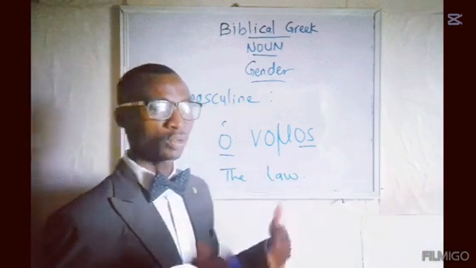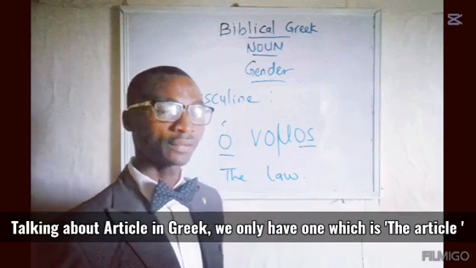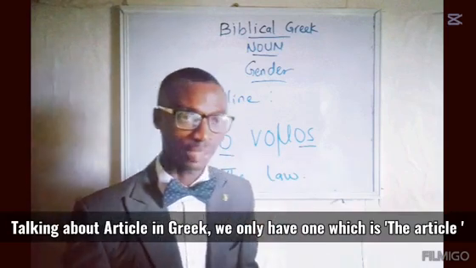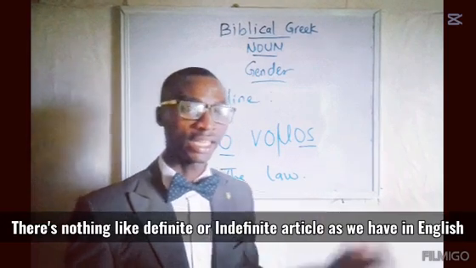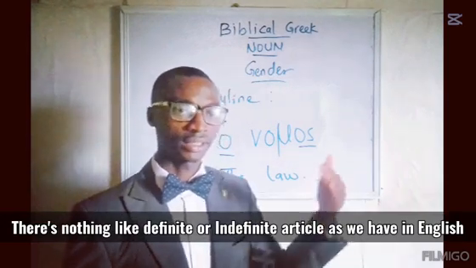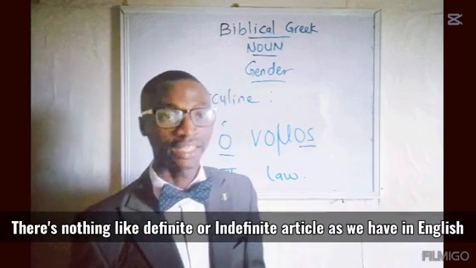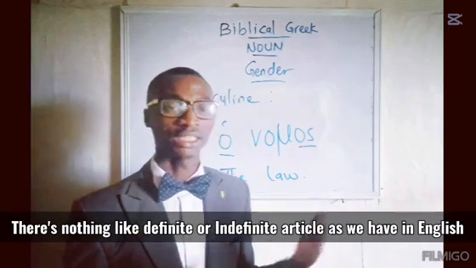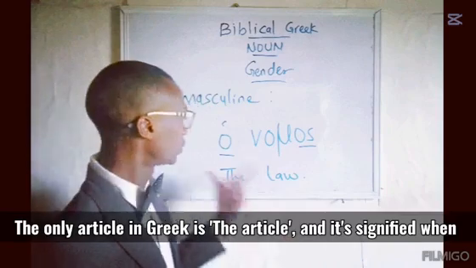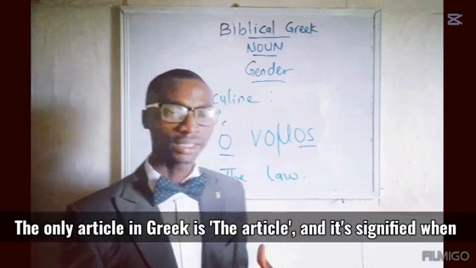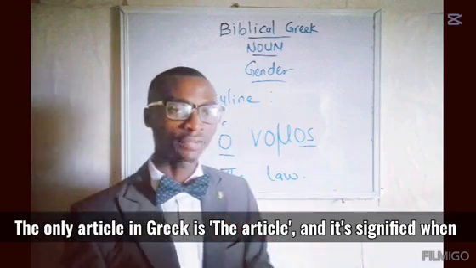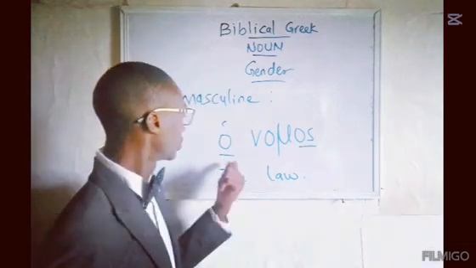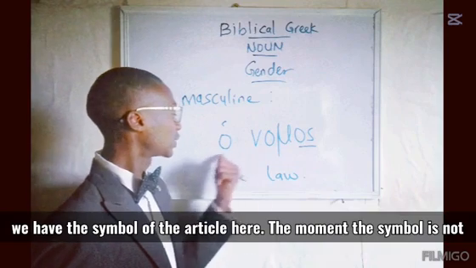a word. Because when we talk about the article in Bible Greek, you only have just one article, and that's why I call it the article. So there's nothing like definite article or indefinite article as we have it in English. So the only article in Greek is the article, and it is signified when we have the symbol of the article here.